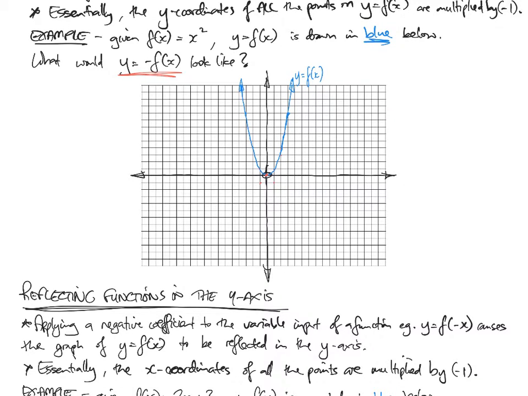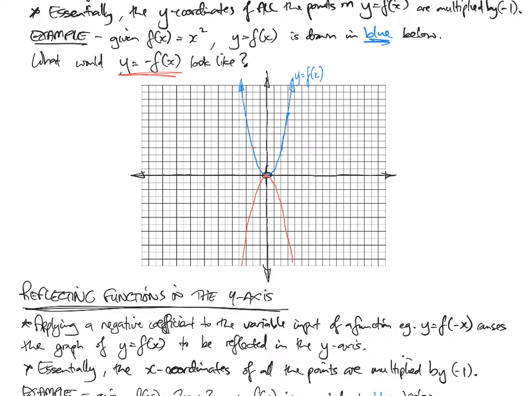Here it was 4, here it was 4, so it's going to be -4 and -4 when x is equal to 2 and x is equal to -2, and lastly it's going to be -9. So the graph will look something like that.